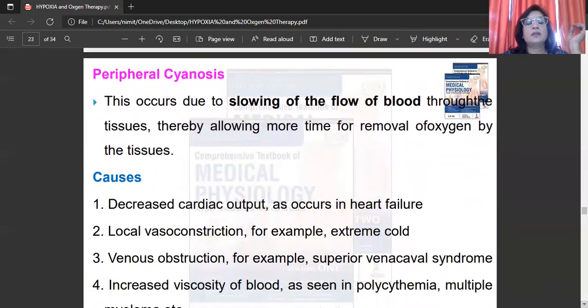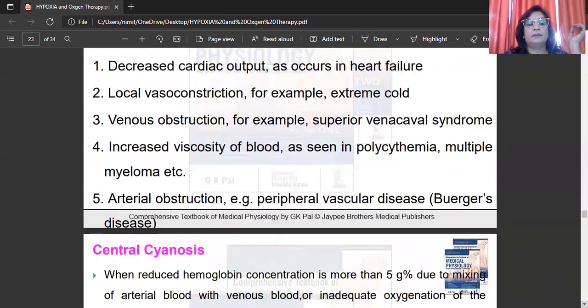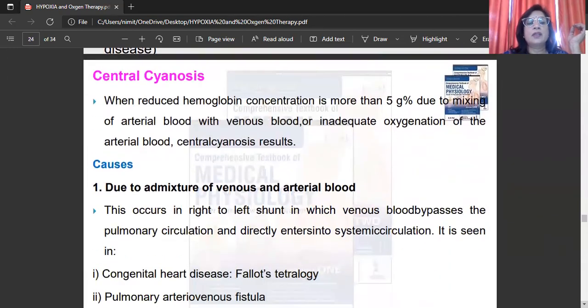Peripheral cyanosis occurs due to slowing of the flow, caused by decreased cardiac output, local vasoconstriction, venous obstruction, and increased viscosity of the blood. Central cyanosis, when reduced hemoglobin concentration is more than 5 grams per cent. Mind you, you have to note it.